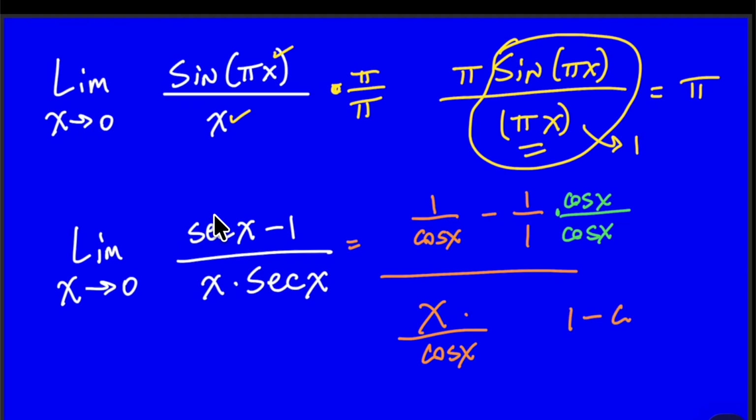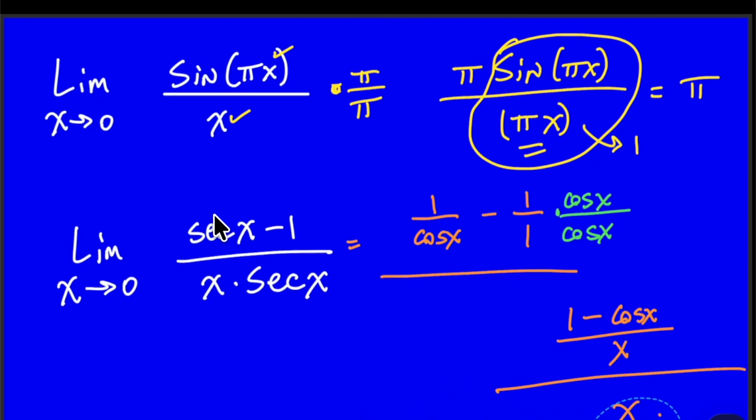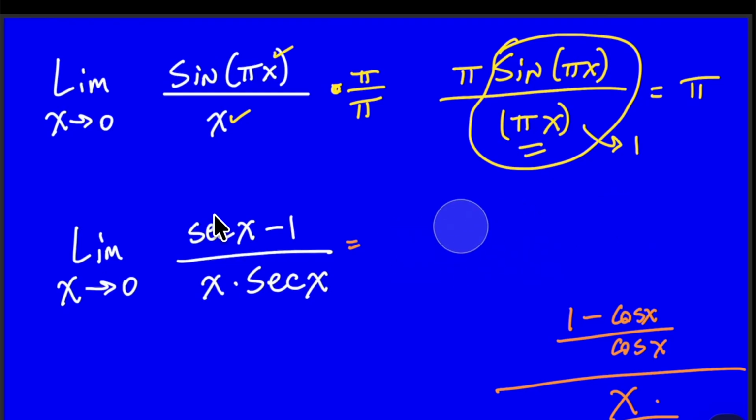My mistake. This numerator is going to be 1 minus cosine of x over the common denominator that we created, cosine of x. That's what happens when the board gets too messy.